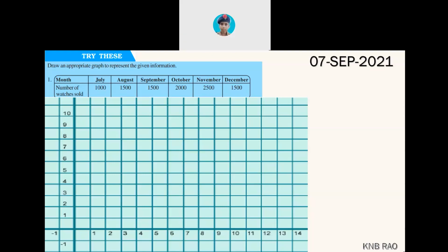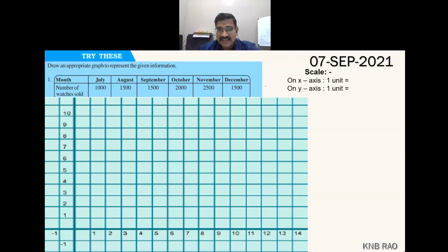Then what is the scale that you use? On x-axis will you take numbers, or on y-axis will you take numbers? Sir, on y-axis we'll take numbers and on x-axis we'll write the months.